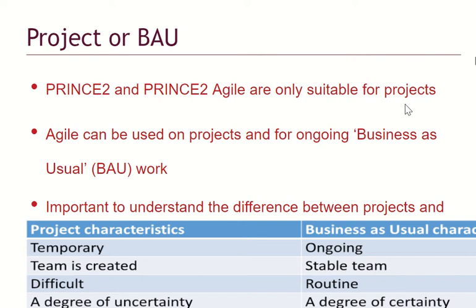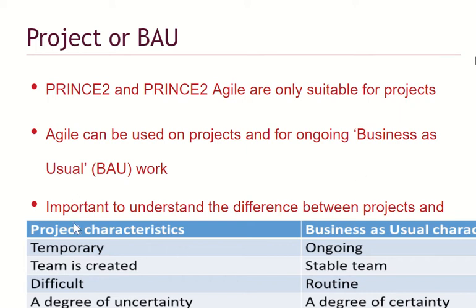Agile can be used on projects. You can also use Agile itself for ongoing business as usual work. For example, every organization over time improves what they do, and they classify that as business as usual.